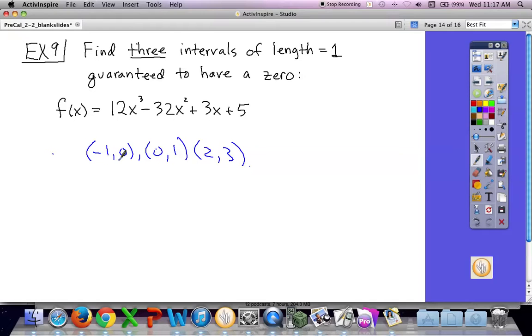Okay. Now, the reason that we do this problem is because it makes us use what's called the intermediate value theorem, which is something in calculus that you'll use quite a bit.